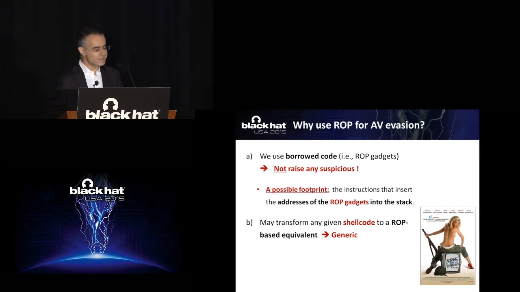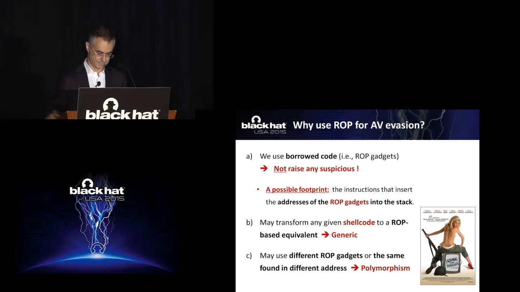It may transform any given shellcode to a ROP-based equivalent, so it is a generic method, and it may use different ROP gadgets, or the same gadgets found at different addresses, to perform its work. So it achieves polymorphism.